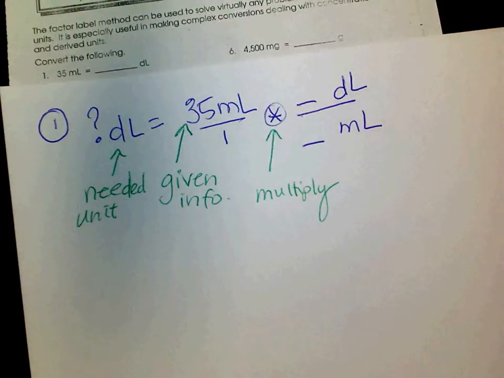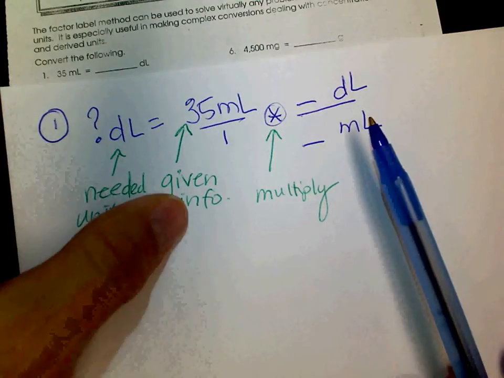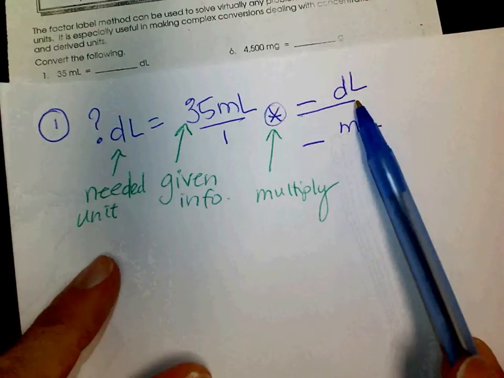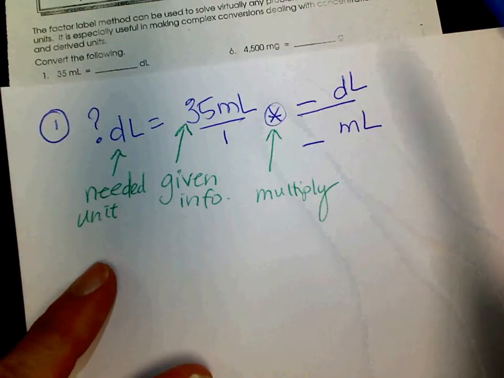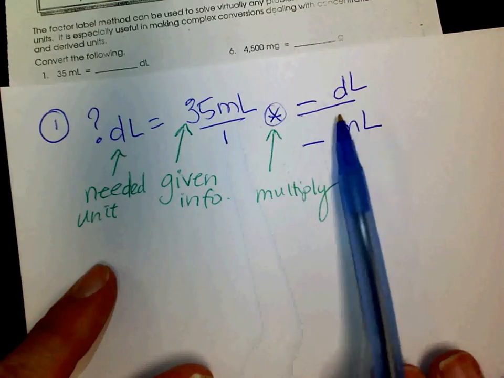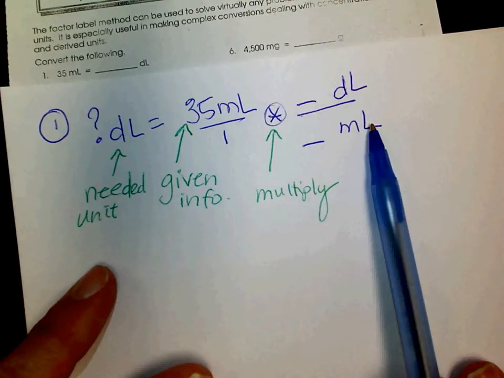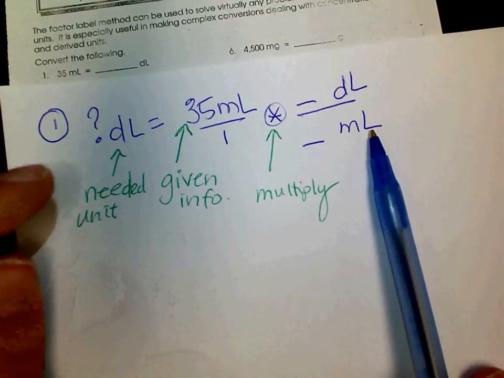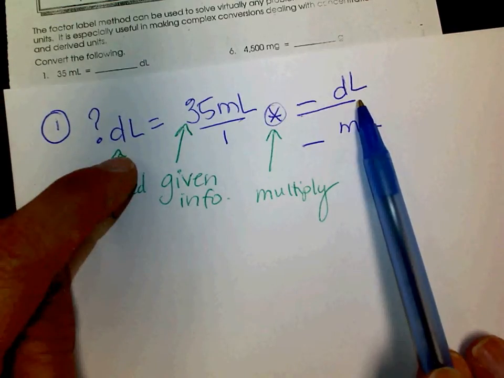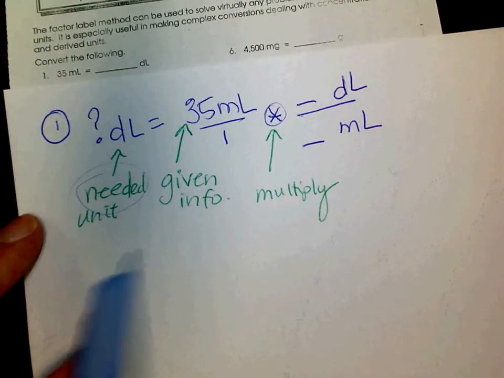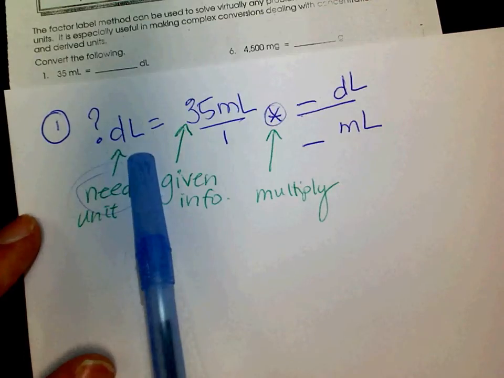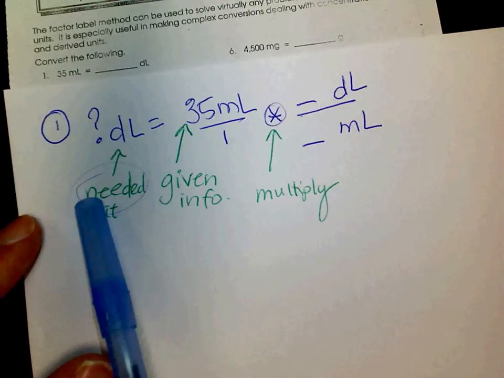Okay, now, this is the rule that I want us to really pay attention to. Well, hold on. Why am I putting milliliters down here in the denominator? And why am I putting deciliters in the numerator? The unit that I want, or that I need, is deciliter.